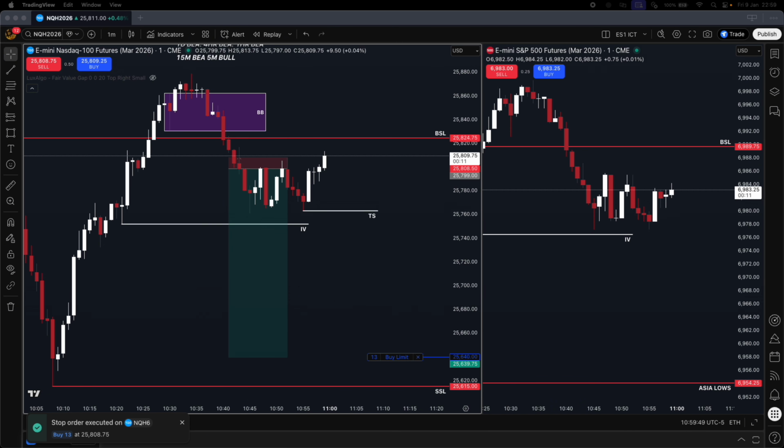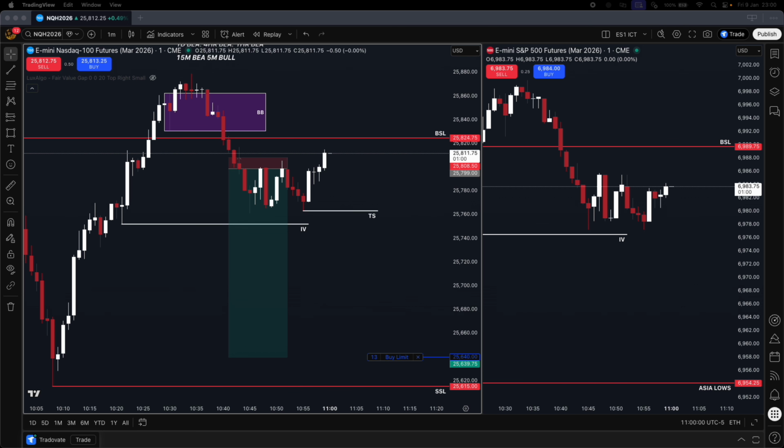So all of the accounts, so Apex, Alpha Futures, Take Profit, My Funded, all of the accounts are currently sat at $50 profit, $30 profit, so that's relatively break even there. So up like 0.1R from that previous trade.